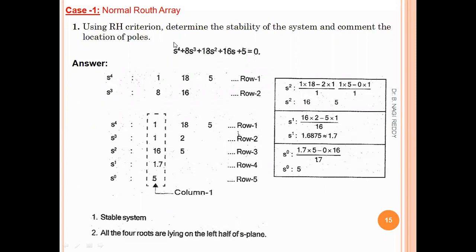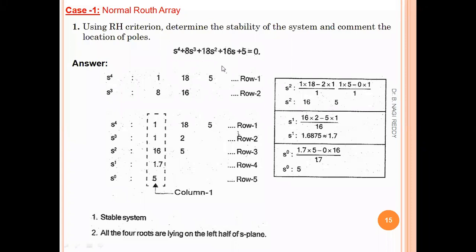He has given a characteristic equation here. We need to determine the stability, that is one part. And the second part is to comment on the location of the poles, that is, where the poles will lie for this given characteristic equation.